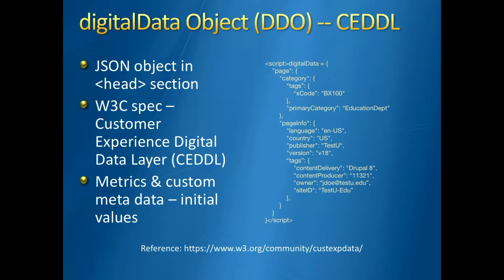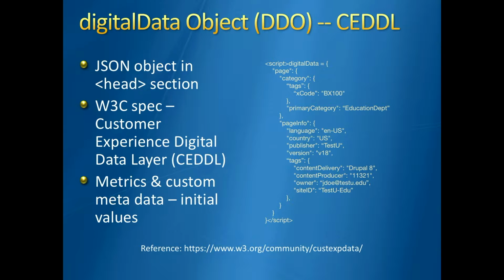I put a reference at the bottom if you want to dig up more data on it. With HTML5 you couldn't just create your own meta tags because it would throw an error when you did a validation on HTML5.